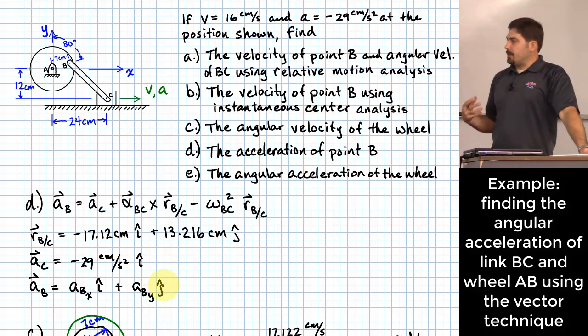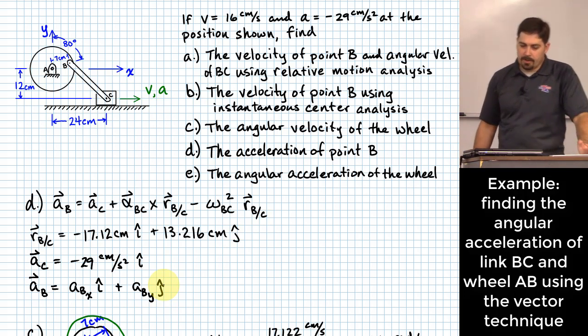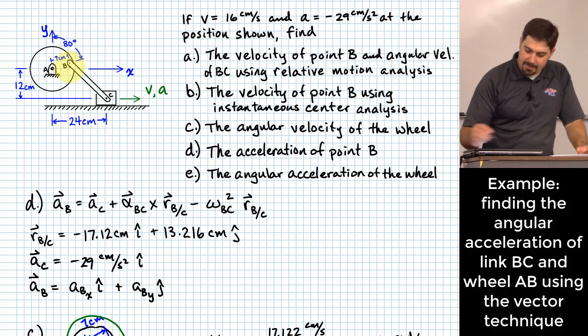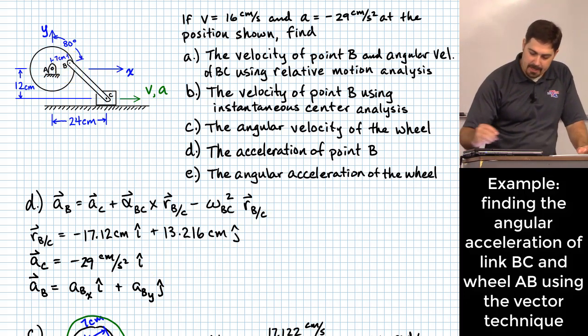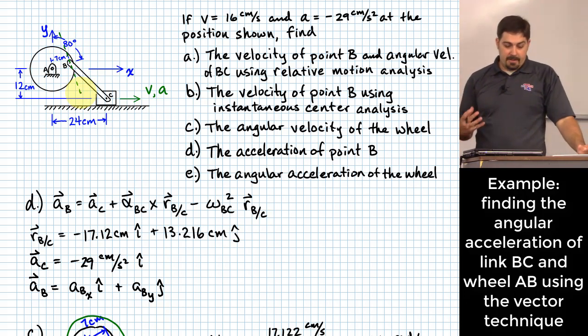And unfortunately, with the acceleration analysis, we cannot assume that the acceleration is going to be along the line that defines the path of B, kind of like that tangent line, right? If you imagine a tangent line defining the instantaneous velocity of C, that much is easy.